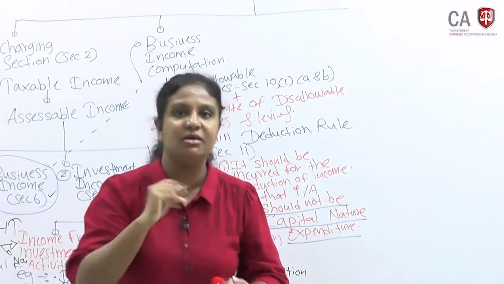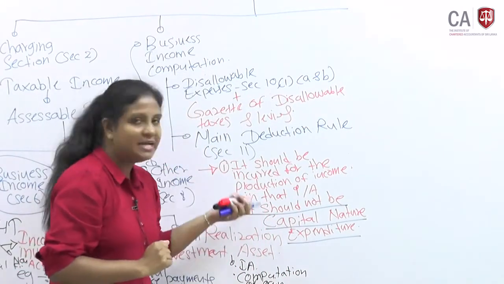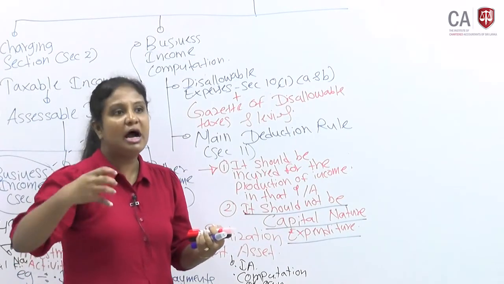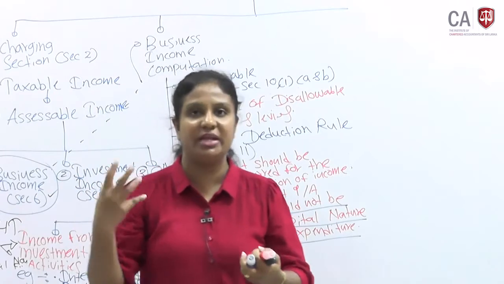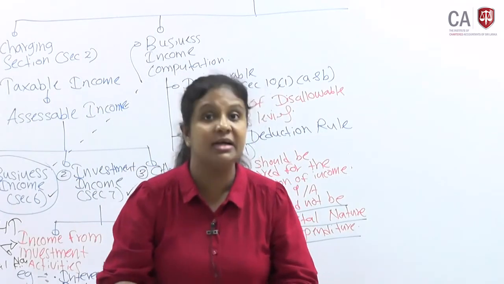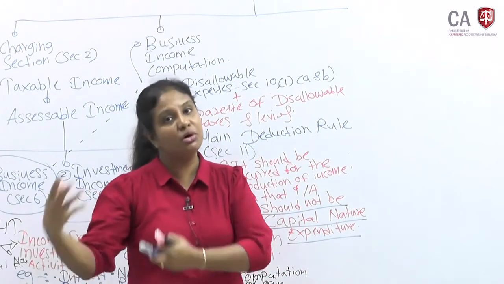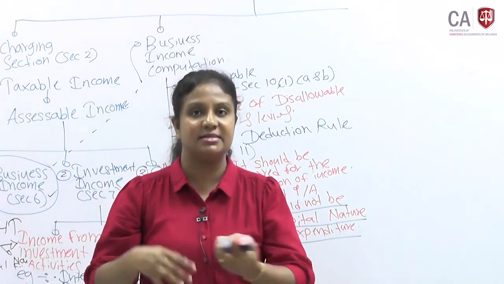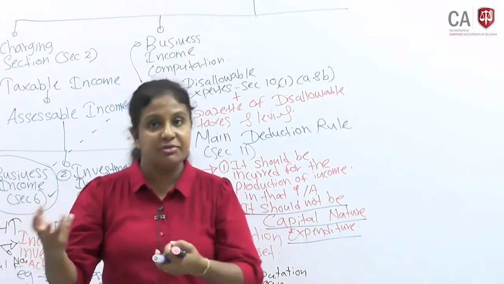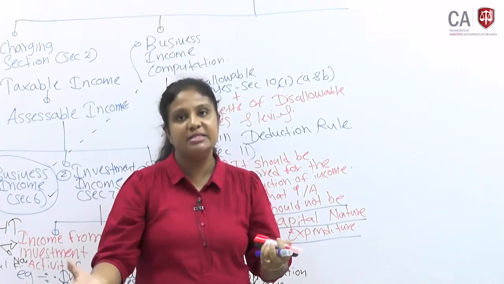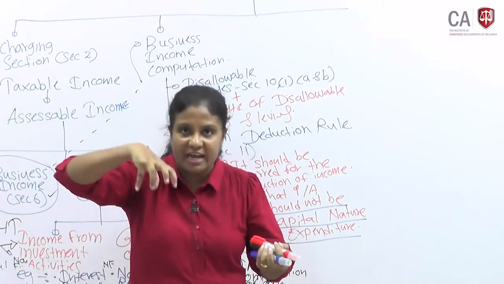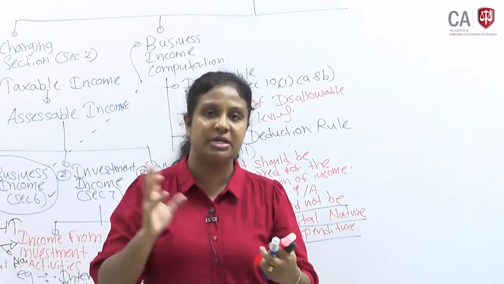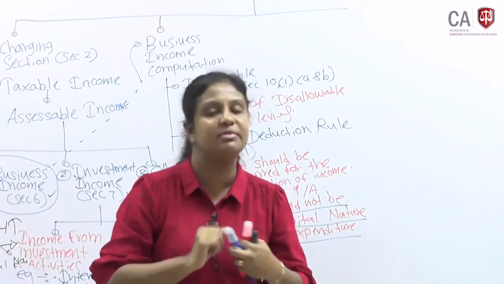Then capital nature expenditure, what is the meaning of capital nature expenditure as explained in the Act itself. And I must say in section 20 of the Act, it's very clearly mentioned we must go with the generally accepted accounting principles. For the computation, any figure we are taking is based on the financial statements prepared as per the generally accepted accounting principles.